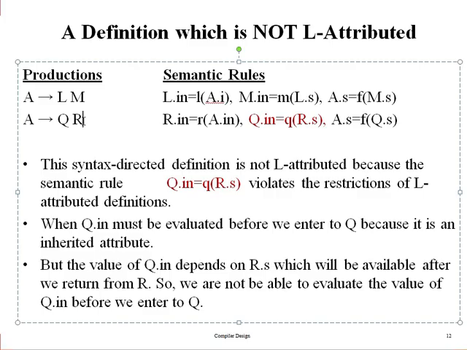because when we are calculating the value of the attributes of Q and R, the order is from left to right. So without calculating the value of Q, we cannot calculate the value of R. The value of the attribute R will be calculated after the value of the attribute Q is calculated.